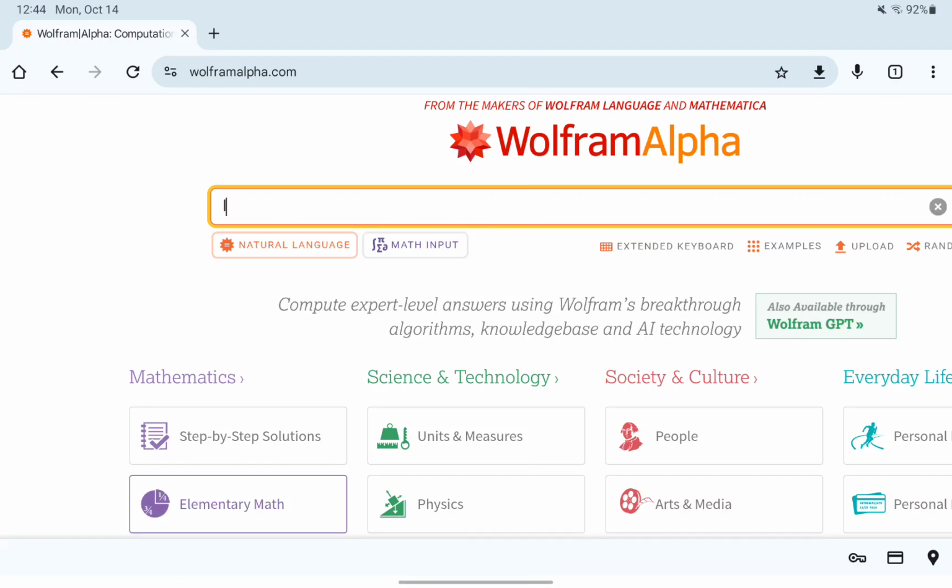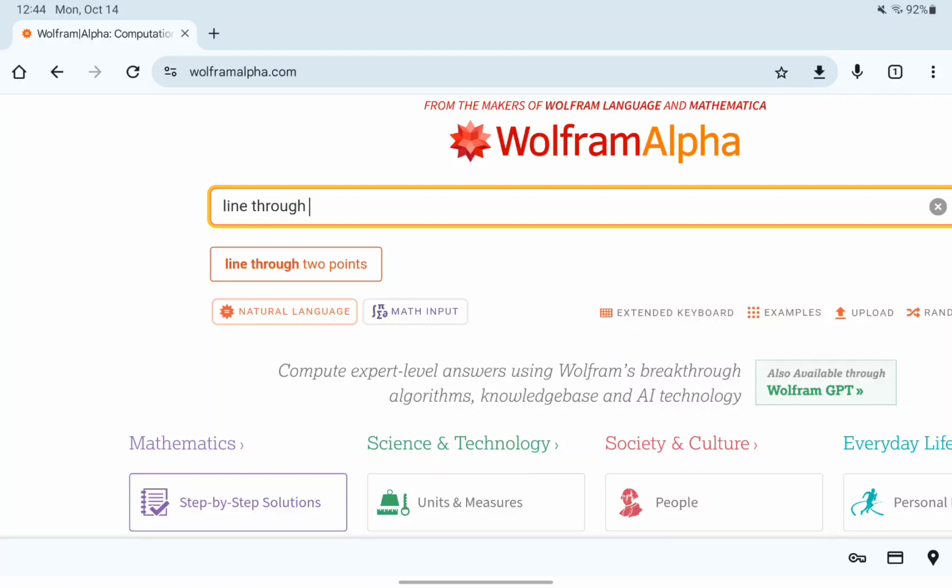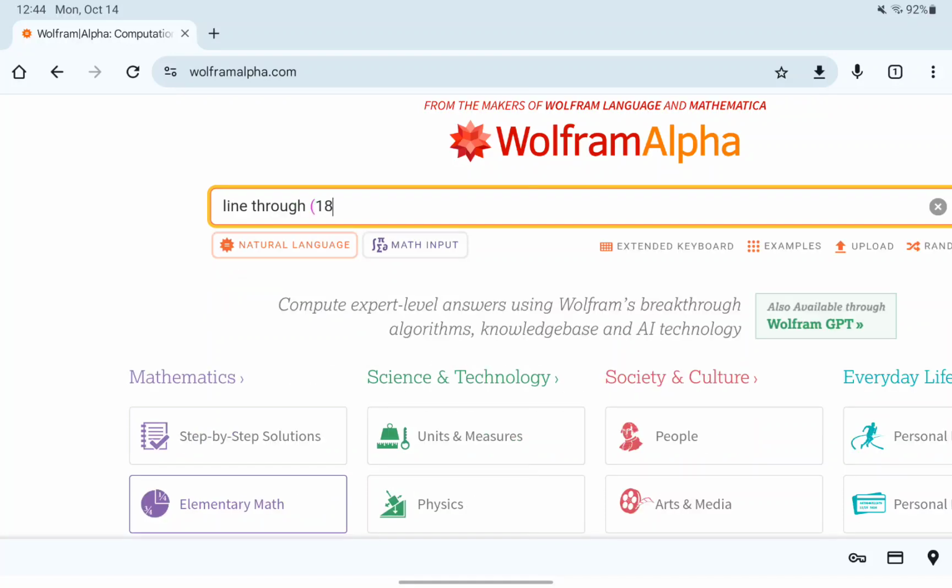So using Wolfram Alpha, we'll construct a line through those two results, through 18, which represents the year 2018, and 265,629.34, and 22, 299,874.78.